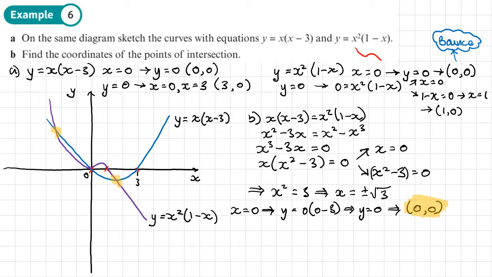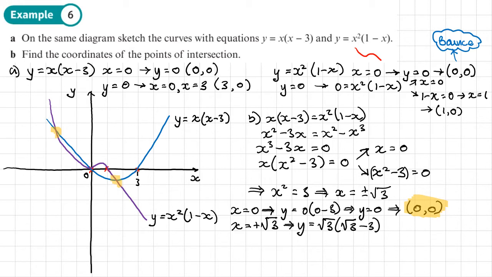Now we'll go on to using x equals positive root 3. And again, we'll put it into this equation here. It doesn't matter which one. I'm going to use the one that looks easy. So y equals positive root 3 times by root 3 minus 3.